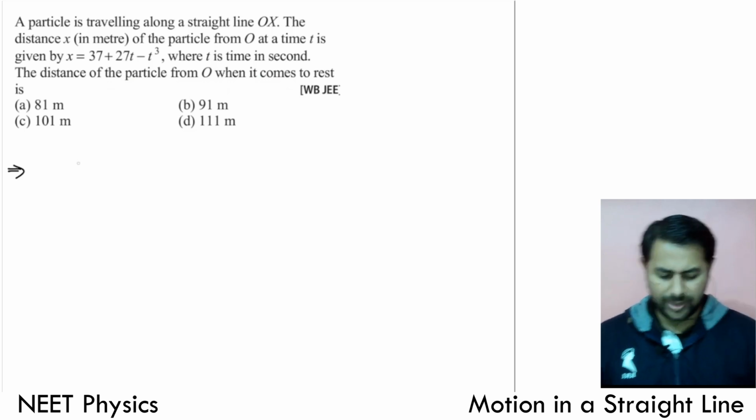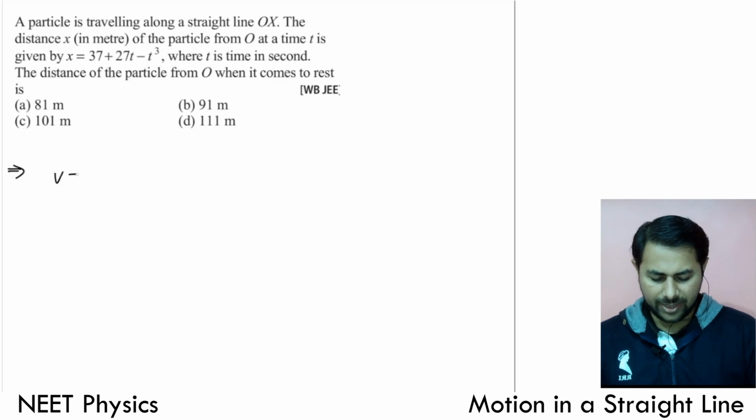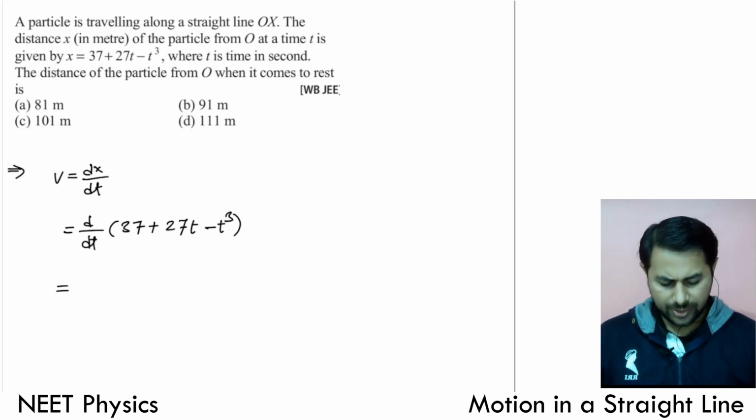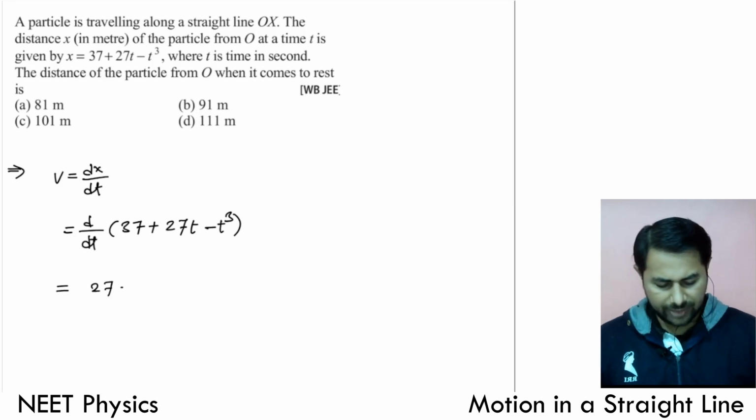So this is simple, just find dx by dt. It comes to rest means the velocity would be equal to 0. So d by dt of this thing, 37 plus 27t minus t cube, is just 27 minus 3t square, because derivative of 37 would be equal to 0, and this is equal to 0 because the particle comes to rest.